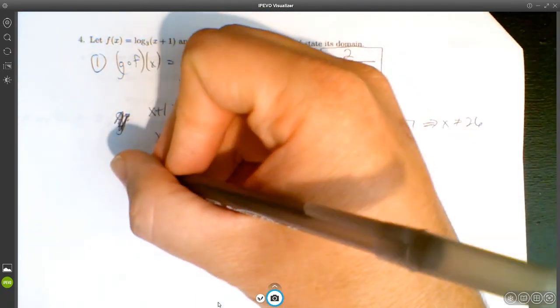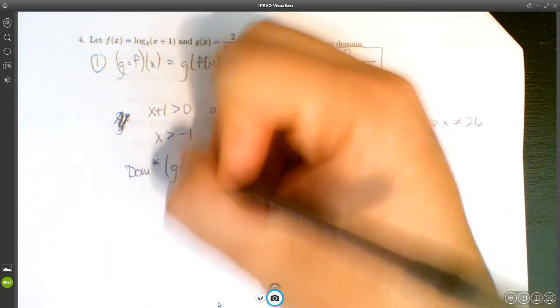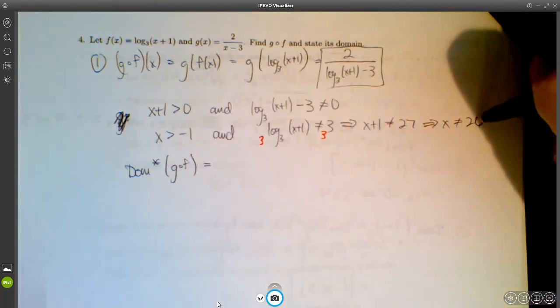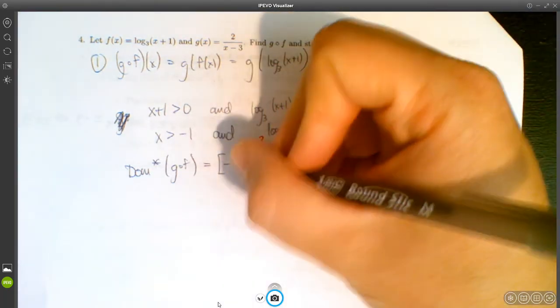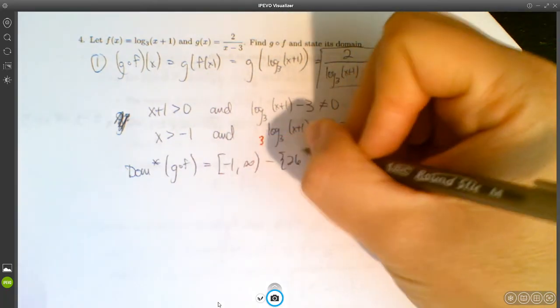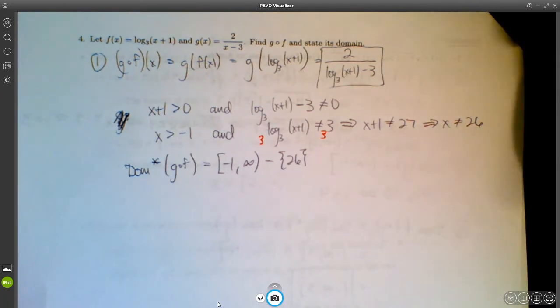So that means the domain star of g of f is negative 1 to infinity except for 26, right? Negative 1 to infinity except for 26. Okay, so that's step 1.